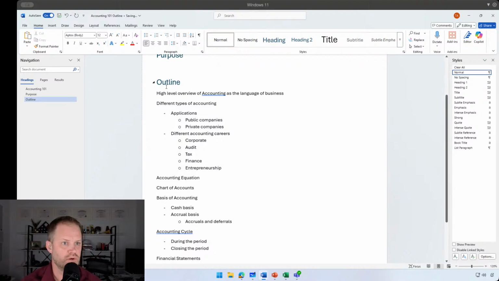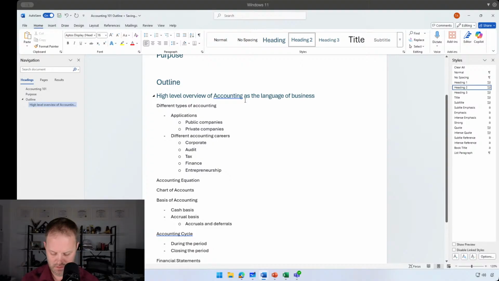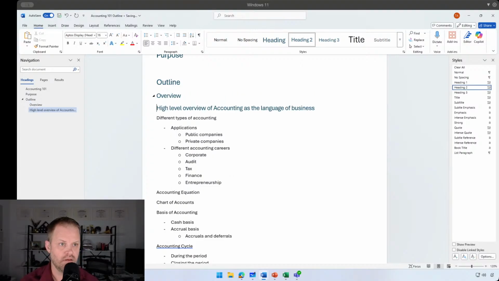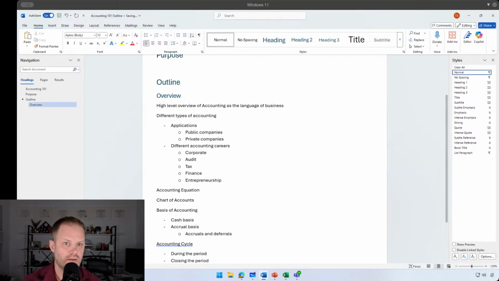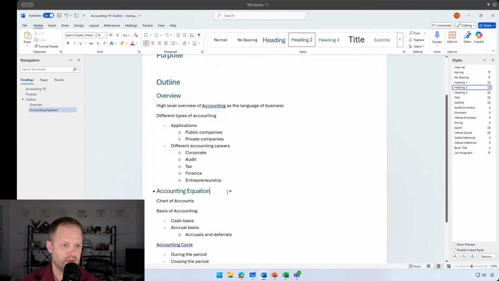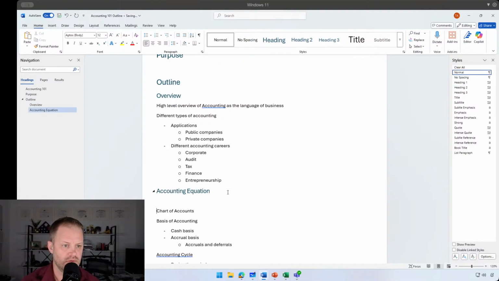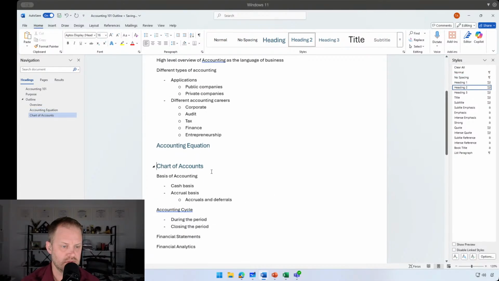So, chapter 1. So, overview. Then let's do the accounting equation. Then let's do chart of accounts.